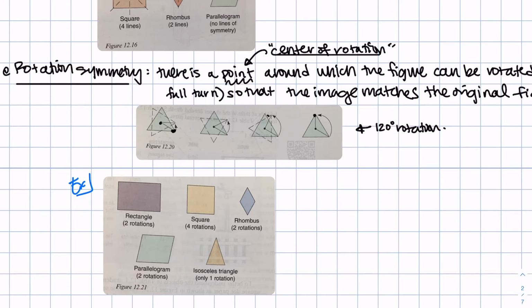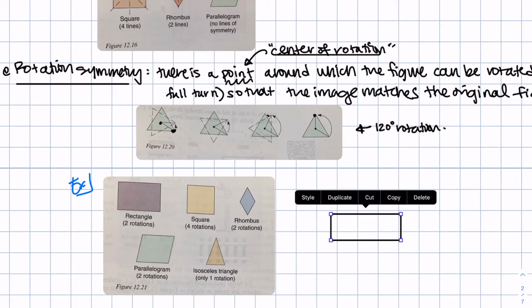And it looks like if I take my rectangle, I can take some point in the middle of that rectangle and rotate about that point.